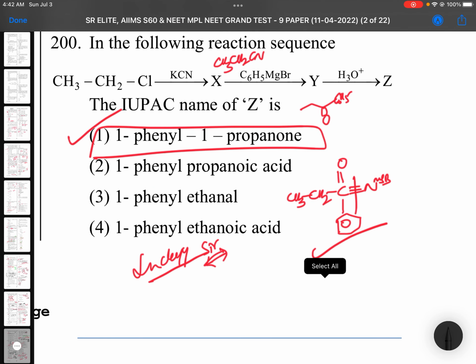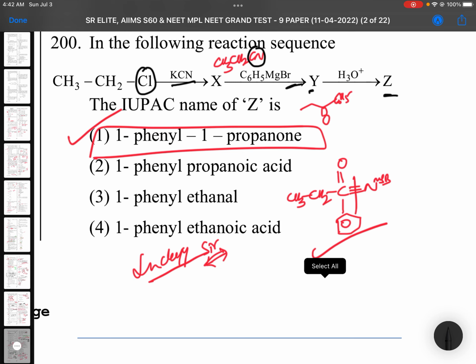The following reaction sequence, when KCN is there, chlorine is replaced by cyanide. When this is treated with Y, then you will be getting the cyanide treated with C6H5, which is converted into this one. Okay. So your compound is 1-phenyl 1-propanone. This is like Stephen reduction here.